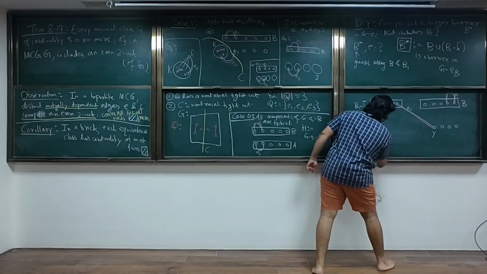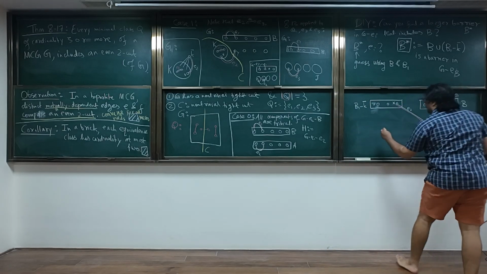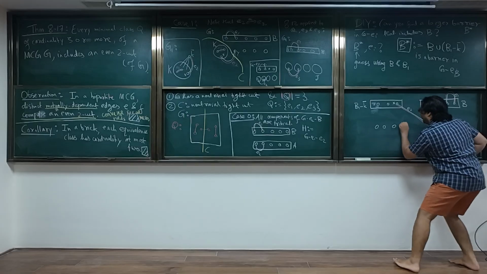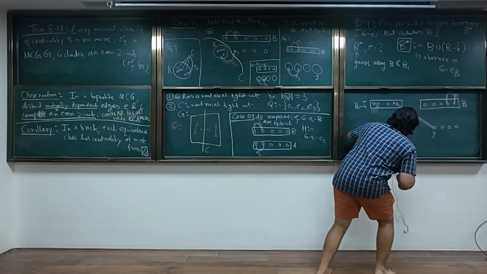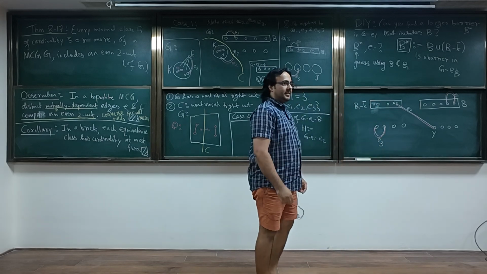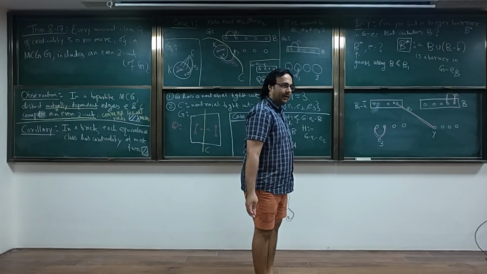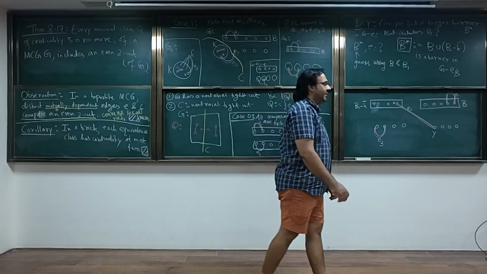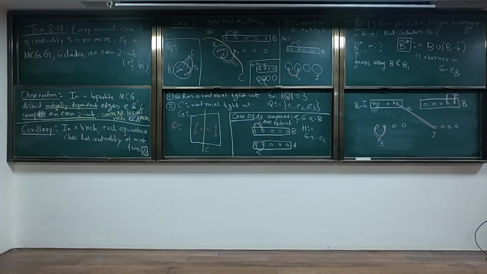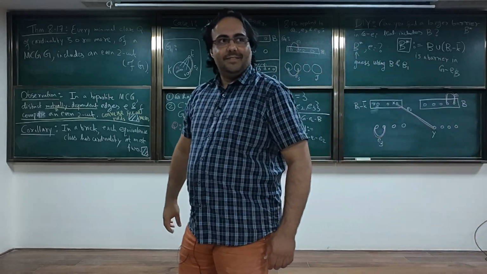So all are trivial. This is a situation, and G minus E1 minus E3 is now bipartite. We are now in case 1 for E1, E3. Did not work for E1, E2, works for E1, E3. So therefore we are done.